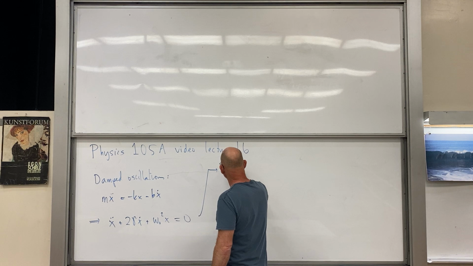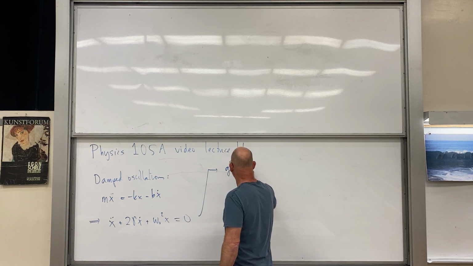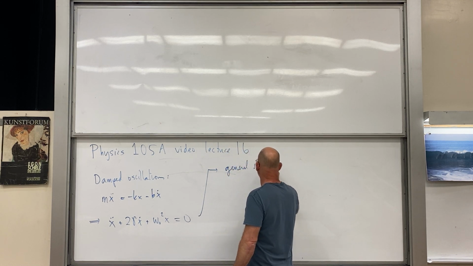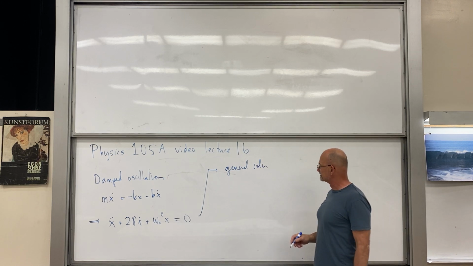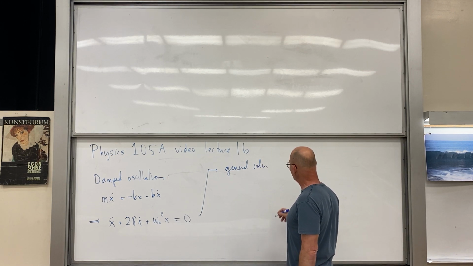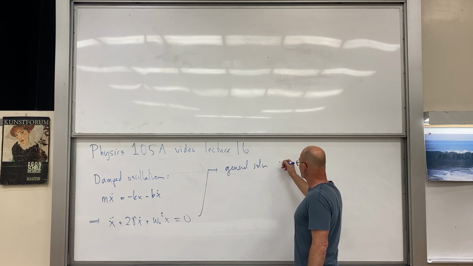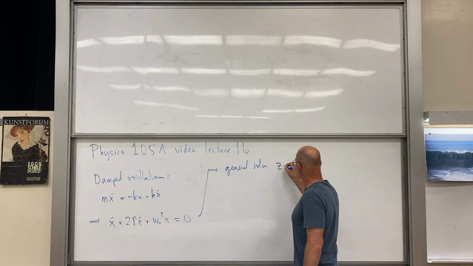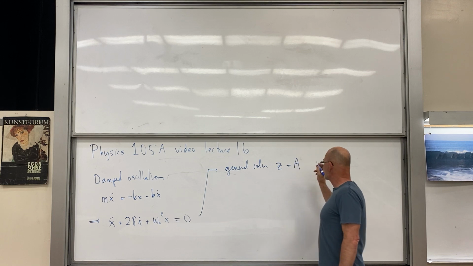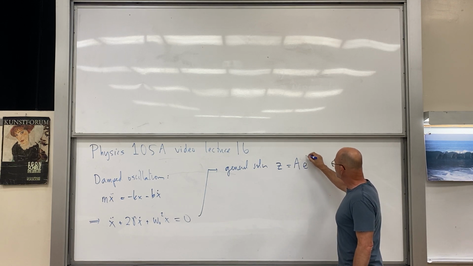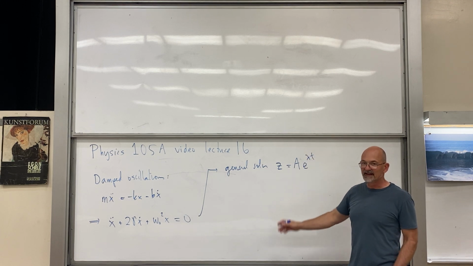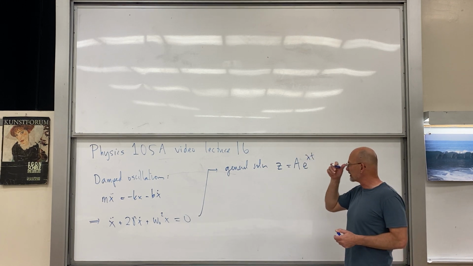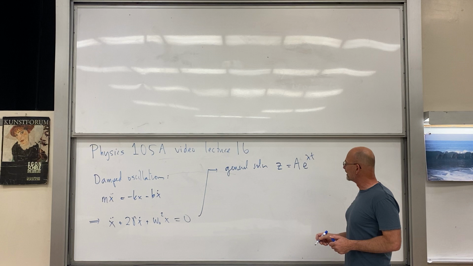So the general solution is going to be complex. So we'll use the letter Z. It's going to be a complex constant, A, e to the lambda t. Last time I did e to the i omega t. We're going to see we get the same answer out. This is a complex lambda.